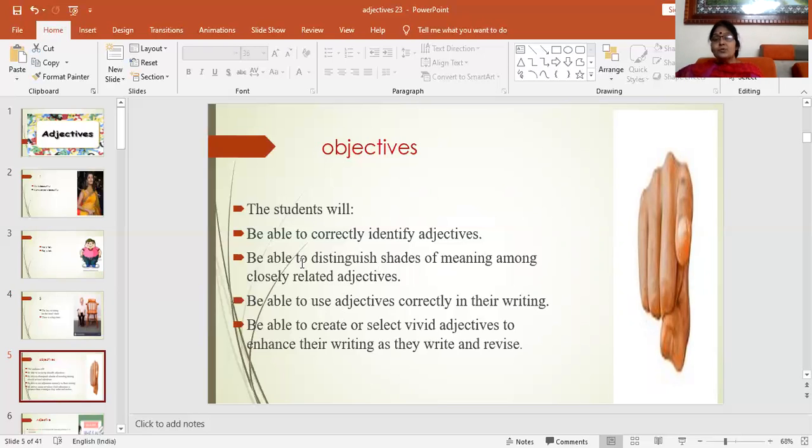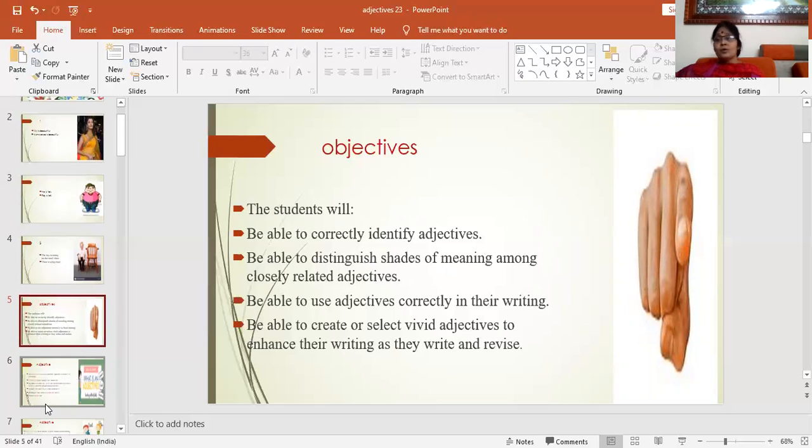So our objective is to enhance their speaking as well as their writing skills. With these objectives, let us learn what adjectives are.